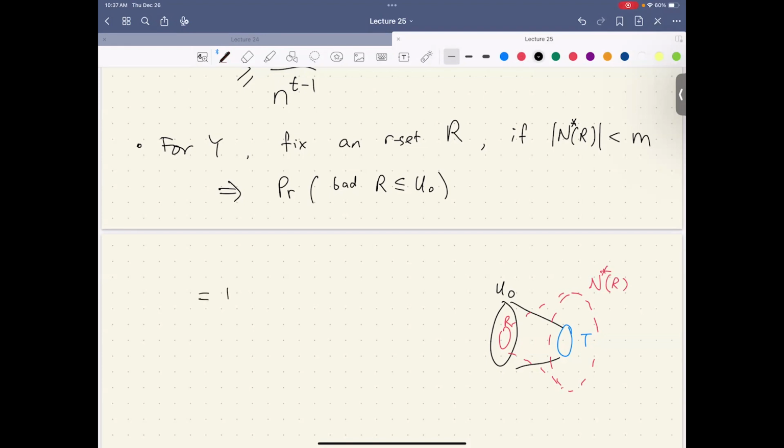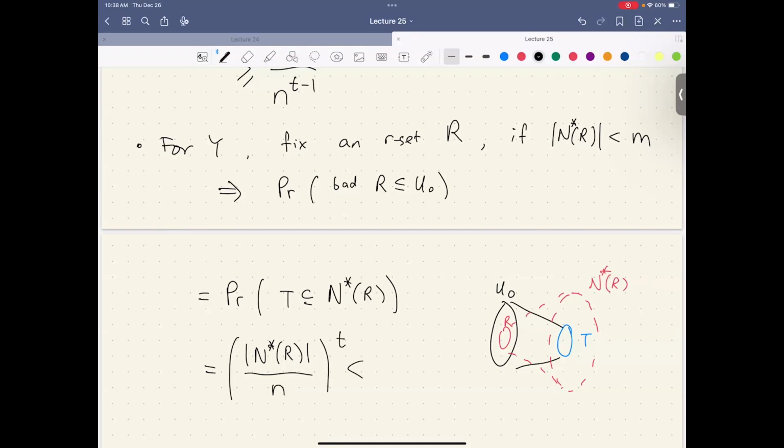So this is the same as the probability that T is in the common neighborhood of R. And this occurs with probability equal to the size of the common neighborhood of R divided by n to the t, which is less than M to the t, since we know that this is bad, size less than M.